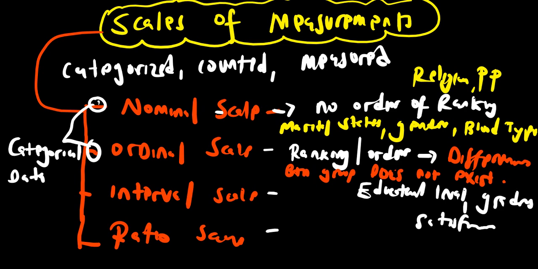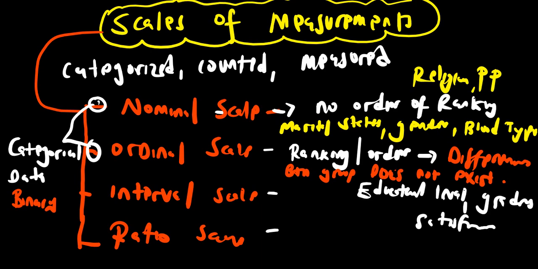When you classify your data into two categories, it is called binary. Binary means dichotomous. So you can categorize someone as either dead or alive, or someone passed or failed.